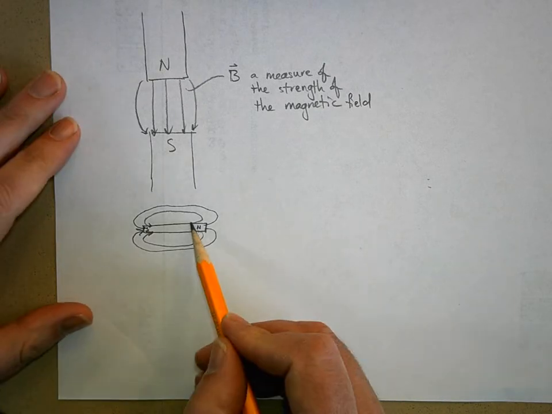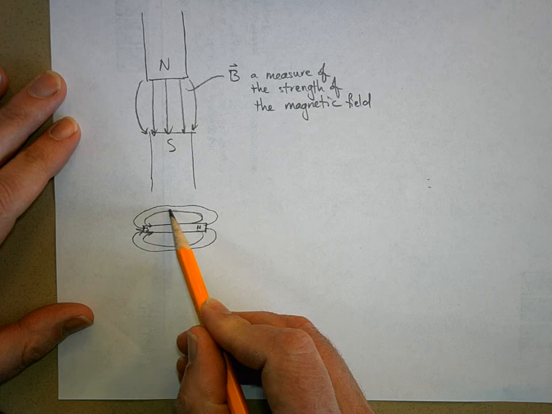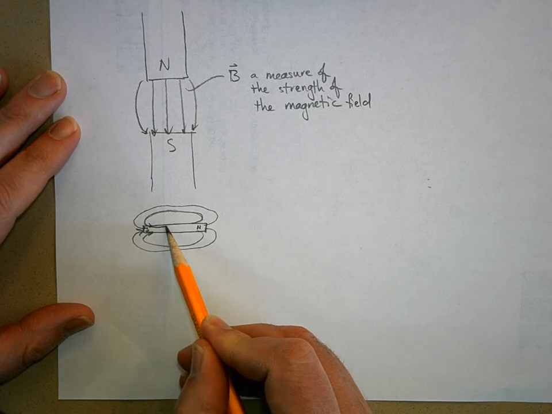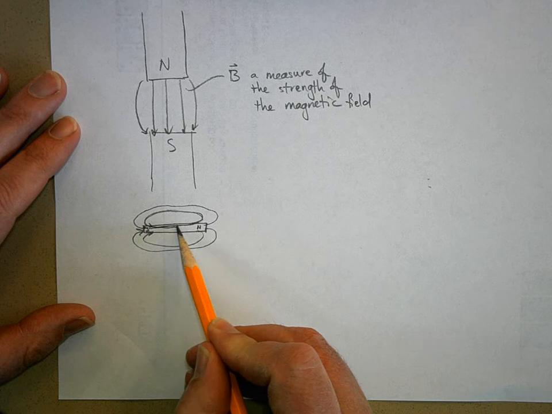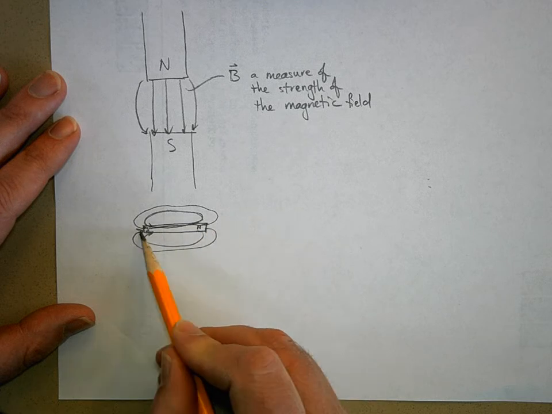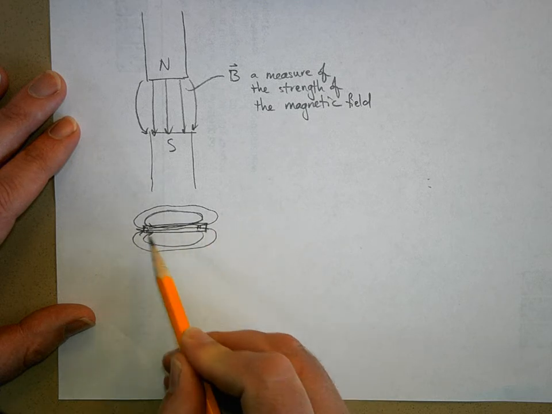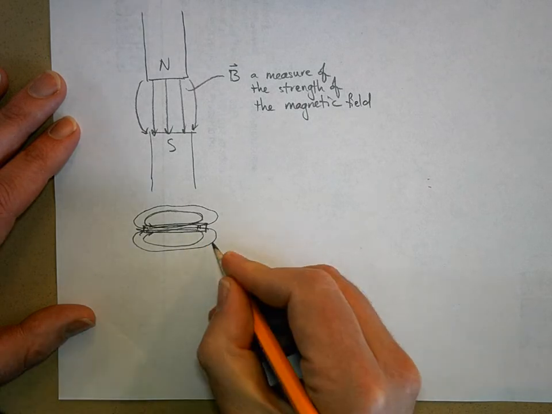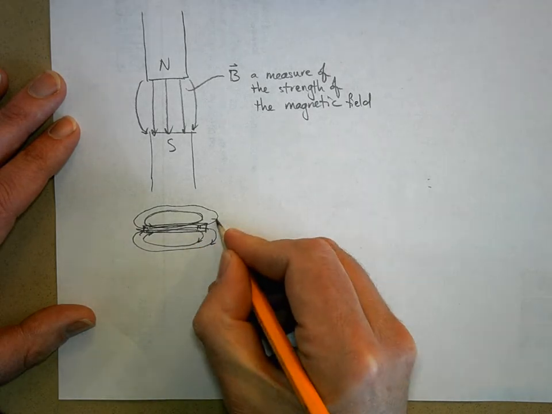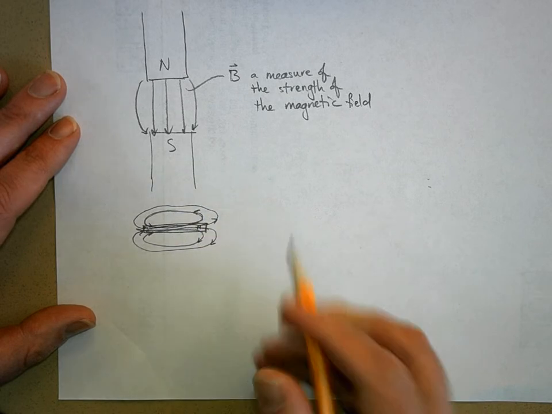So we say it comes out of the North Pole, but really what's happening is it's going back in, and all these magnetic field lines are extending into the magnet itself. So they come out of the North Pole and into the South Pole.